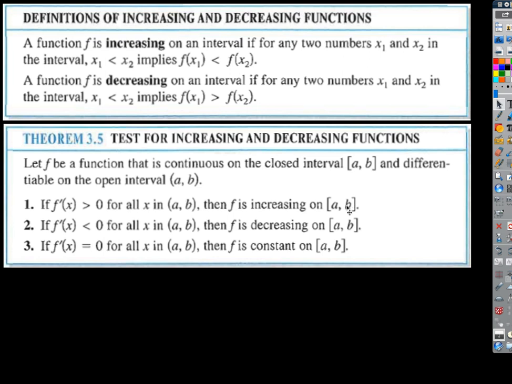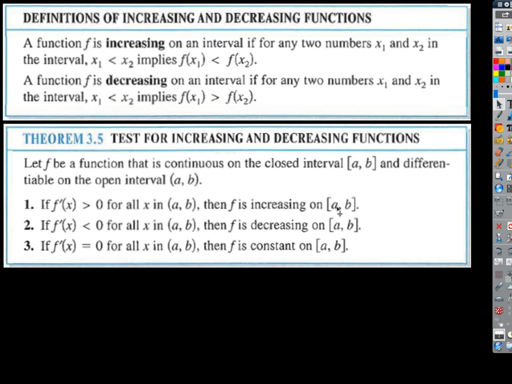Okay? Now notice there's some stuff going on here that you could easily gloss over and not catch. Remember that this is a closed interval, right? If the function is continuous on a closed interval and it's differentiable on the open interval, so we know that we can get smooth on the interval, and the derivative is greater than 0 for all x in the open interval, then we know that f has to be increasing on the entire closed interval, all the way from a to b.